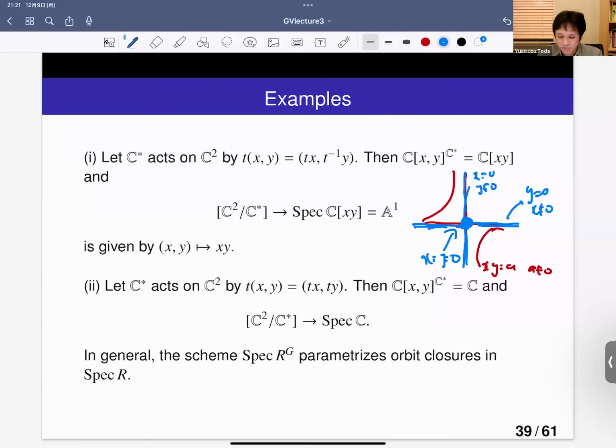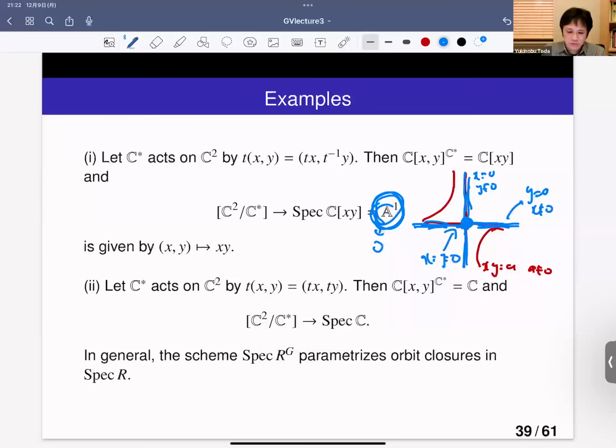So in this way, this space parameterizes orbit closures, where the origin corresponds to this equivalence class of orbits, where the equivalence is given by identifying orbits whose closures intersect.